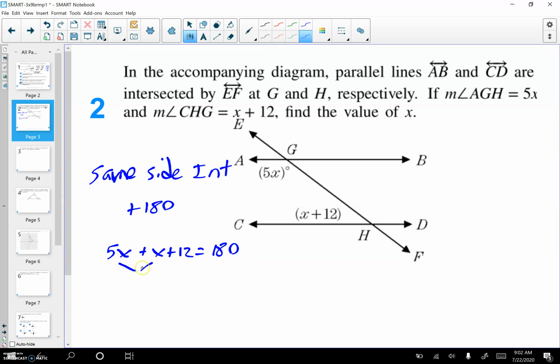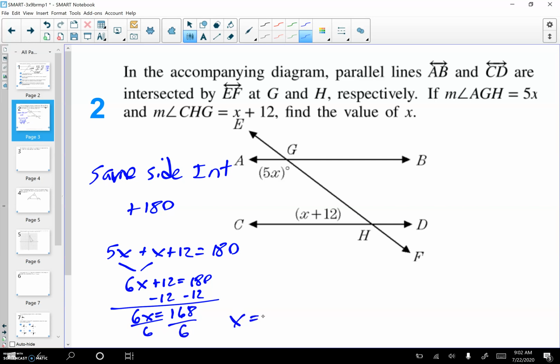We'll add our like terms. 5x and x is 6x. Plus 12 equals 180. We'll subtract the 12 on both sides. 6x equals 168. Divide both sides by 6.